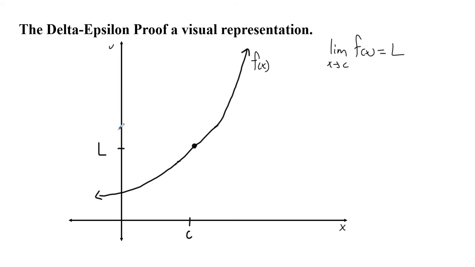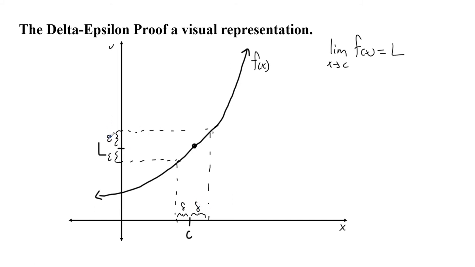But what I'm saying is I'm going to pick some absolute value epsilon, some distance epsilon, and it doesn't matter, it's arbitrary how far I'm going to pick it. So there's epsilon, both sides. If I pick some epsilon, there must be some distance away from c that I can measure both to the left and to the right that is delta away.